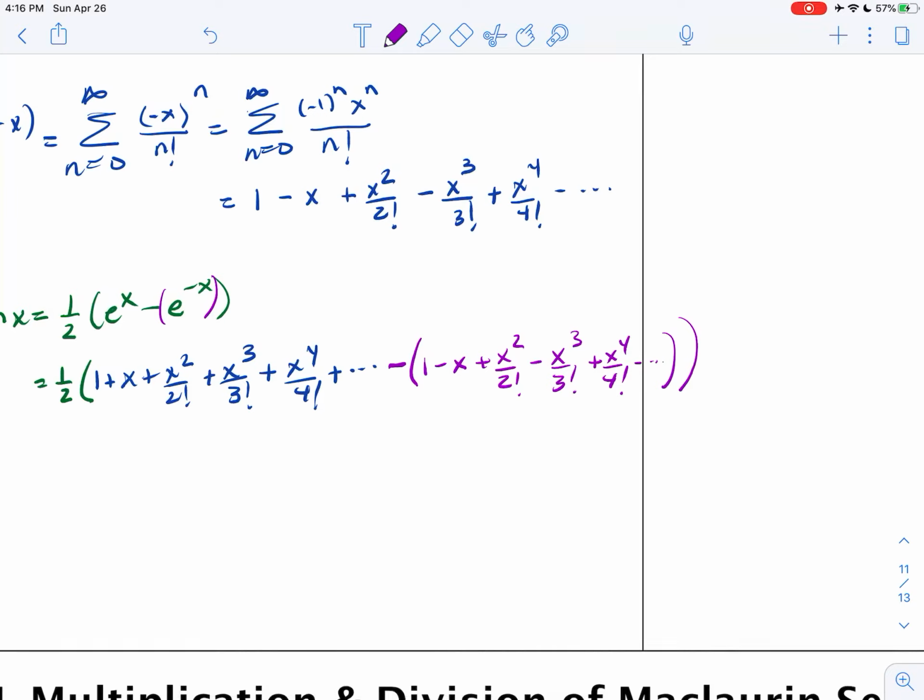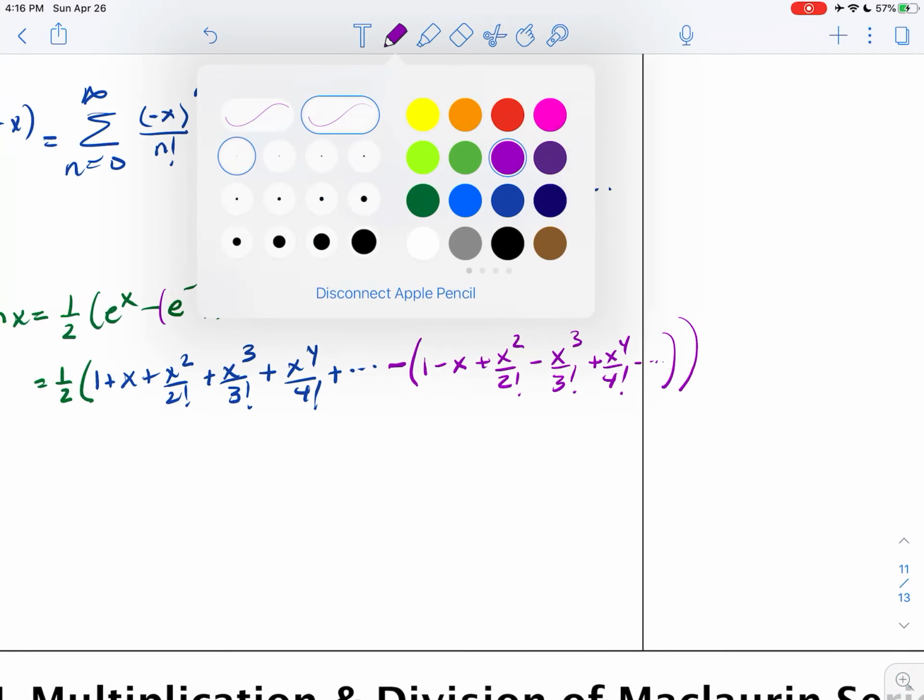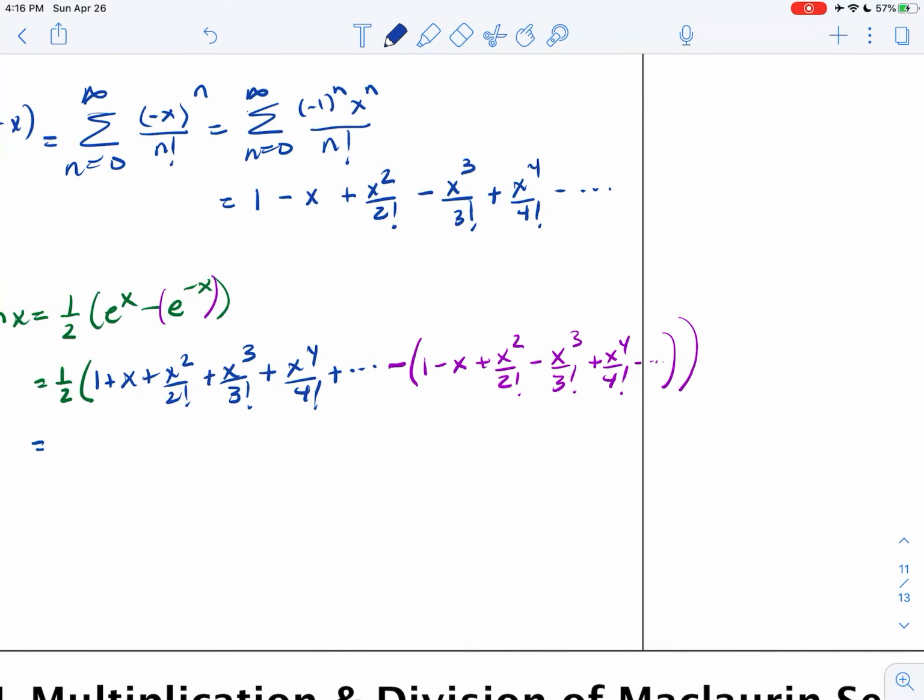And now I'm going to clear my parentheses, and when I clear my parentheses, I actually change the sign of each of the terms. And so here I go doing that. This is going to equal 1/2 open parentheses, and I have 1 plus x plus x squared over 2 factorial plus x cubed over 3 factorial plus x to the 4th over 4 factorial plus dot, dot, dot.